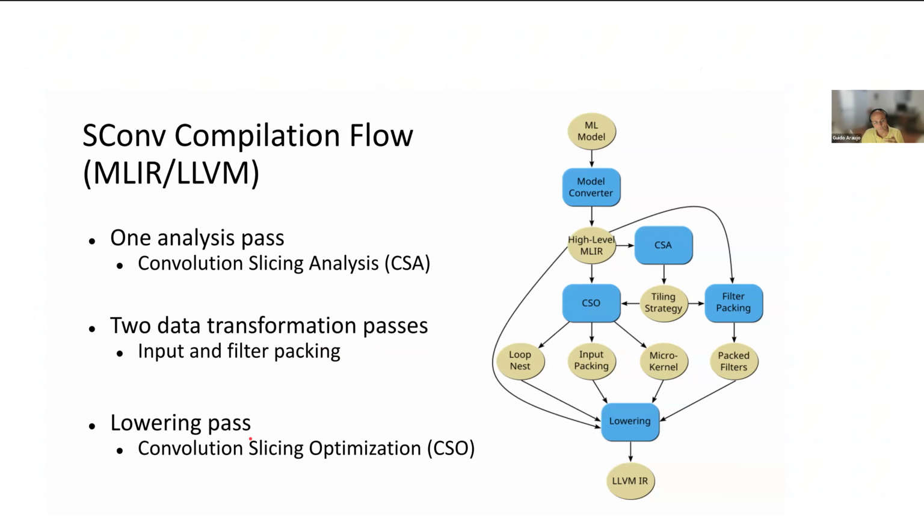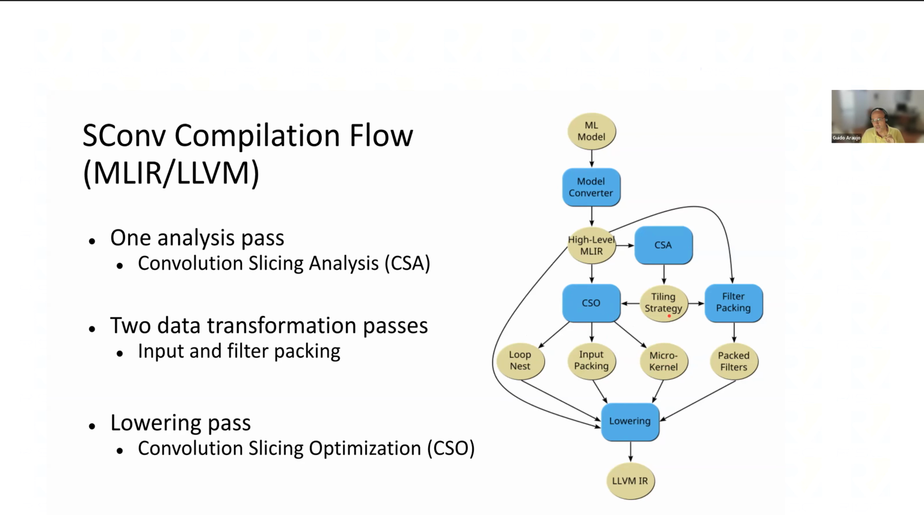And the third set of passes that we can use is called the convolution slicing optimization. The convolution slicing optimization takes the result of the tiling strategy from the convolution slice analysis and does the actual work. It designs a loop nest, which is inspired by the Goto work on GEMM. It synthesizes a way to do smart input packing, and it uses a microkernel that I want to discuss a little bit later.